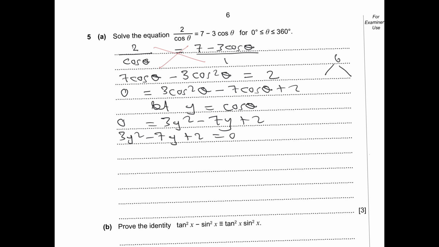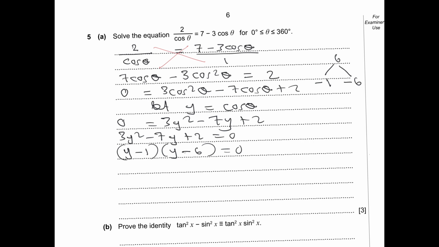So we can talk here of negative 1 and negative 6. Negative 1 times negative 6, I'll get 6. Negative 1 plus negative 6, I'll get negative 7, which is of course what I need. So I'm going to say y minus 1 and y minus 6.